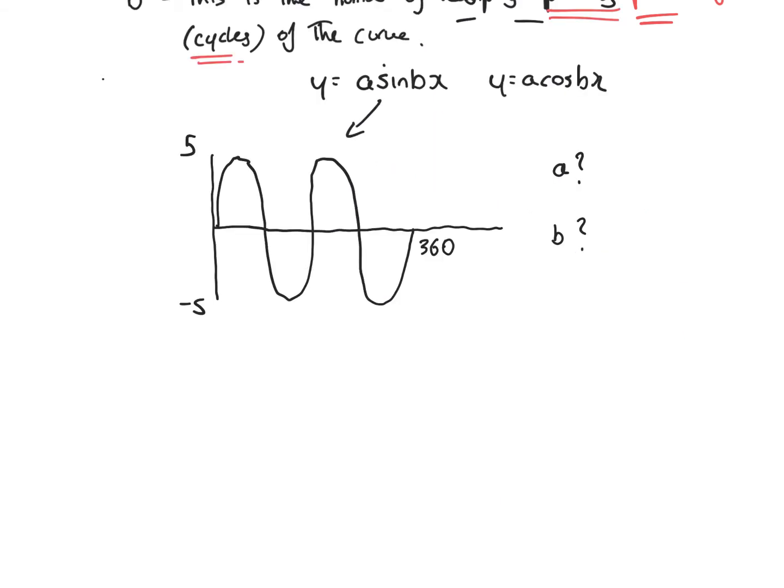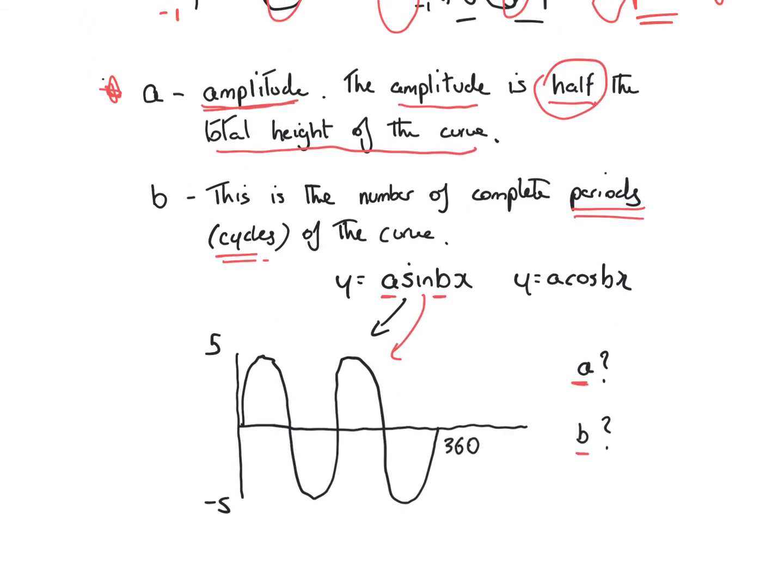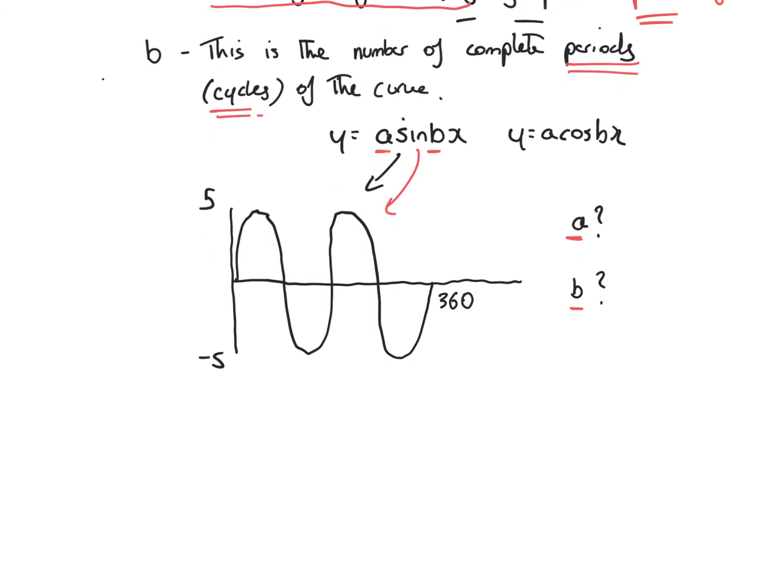Okay, so what we're tasked with here is to find out what A and B is in this case. And we've got this curve, which is a sine curve, we're told that. Okay, so A, remember that A is the amplitude, and the amplitude is half the total vertical height. So the total height of the curve, and we half it to get the amplitude. Okay, so that should be quite easy.